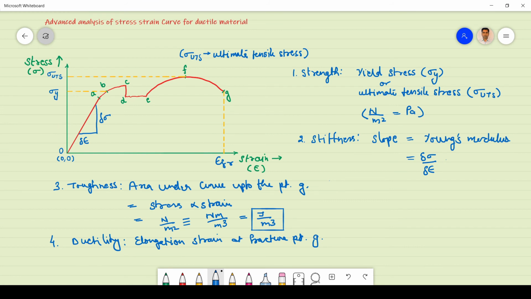नाउ अब इसके बाद में हम इसे फर्दर और इलेबोरेट करते हैं. तो हमने फर्स्ट फाइंड आउट किया था स्ट्रेंथ. सो स्ट्रेंथ, लेट मी चेंज द कलर ऑफ दिस पेन. व्हाट इज स्ट्रेंथ? After our analysis, we can say strength is the ability to resist plastic deformation.